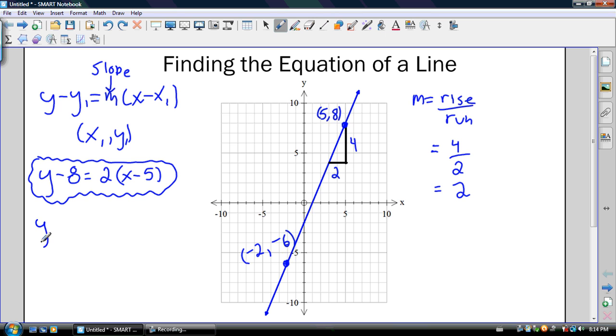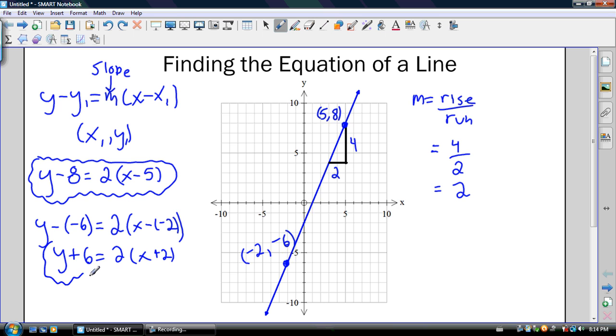So y minus -6 is equal to, slope stays the same, 2 times x subtract -2, just like that. Now I'm going to simplify this because I don't like subtracting a negative. I want to change that to plus. Y plus 6 is equal to 2 times x plus 2. So there's another possible answer for this question. Either one of those on a test would get you full marks.